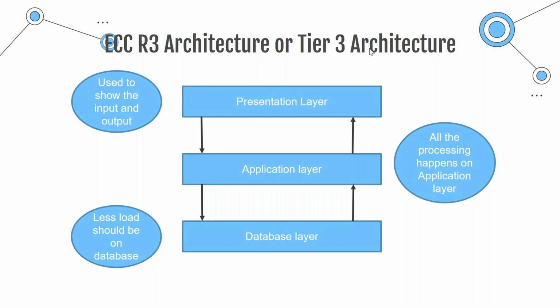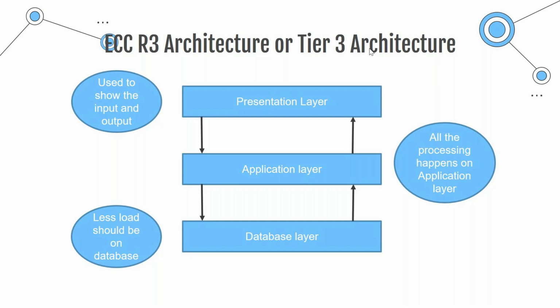From the presentation layer, your input will be sent to the application layer. In the application layer, it will process whatever input you're passing. Then it will send the command to the database layer to pull the data from the database, and whatever data is extracted is sent back to the application layer. From the application layer, it is sent to the presentation layer on the screen.